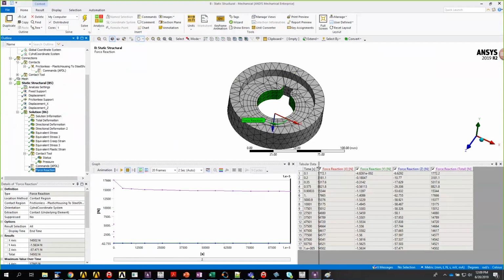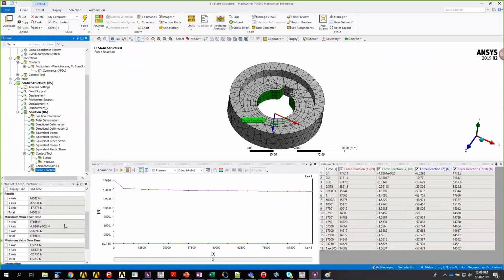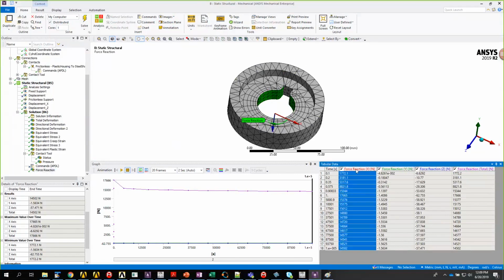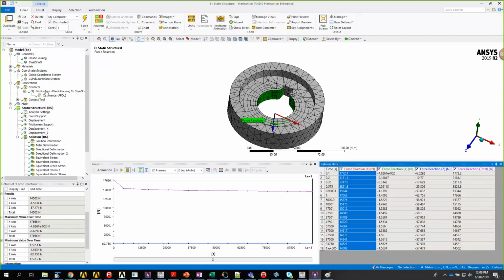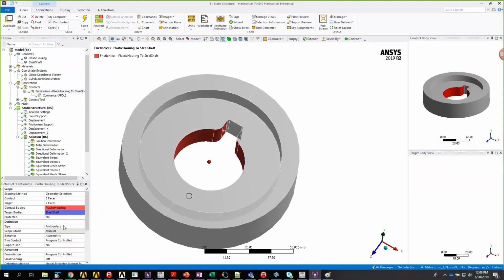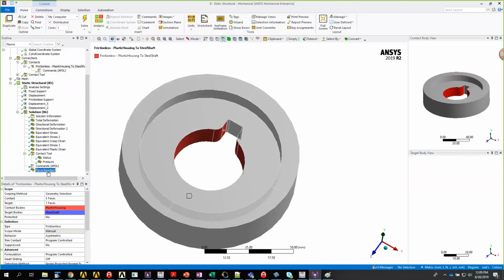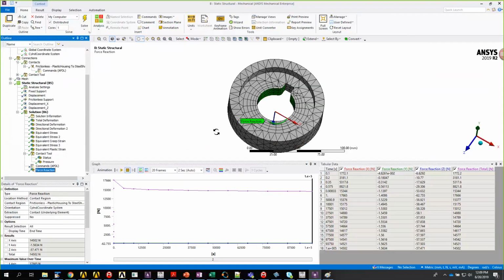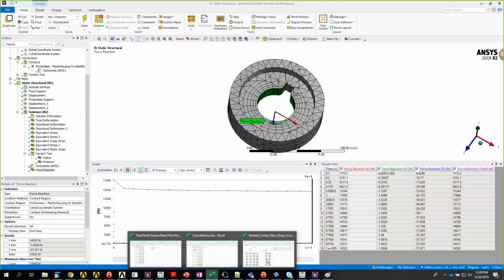As we can see, the radial force is initially this much and it is coming down over time. Also, you notice that we haven't used any friction here. We really don't want to use that, because if we use friction, then numerically the problem is going to be very complex.